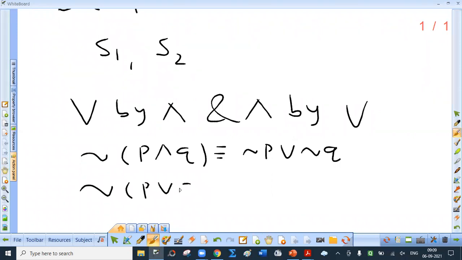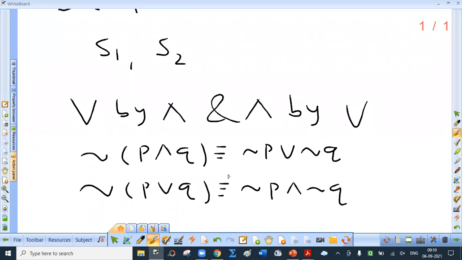Negation of P or Q is equivalent to negation P and negation Q. You will notice that the symbols for conjunction and disjunction are interchanged. I hope this is clear to you. Now this is referred to as duality of conjunction and disjunction. Statement patterns 1 and 2 are called duals of each other, and as I have told you, these are also called De Morgan's laws.